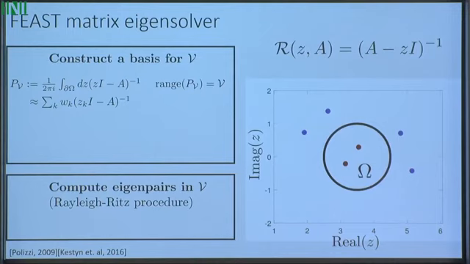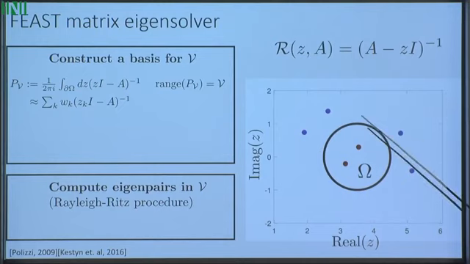Okay, so to motivate the approach we're going to take, I just want to take a quick detour into one of my favorite subjects, which is contour integral eigensolvers. I appreciate Nick talked a little bit about this on Monday in the first master class.